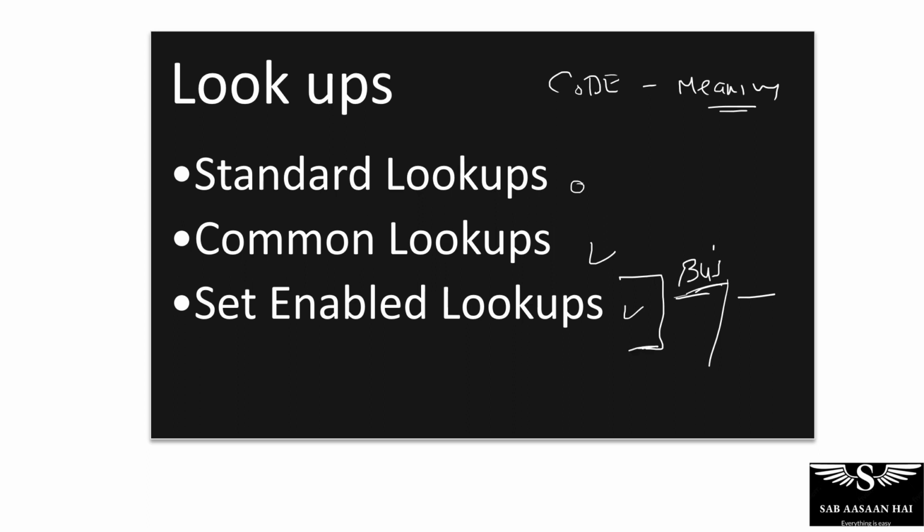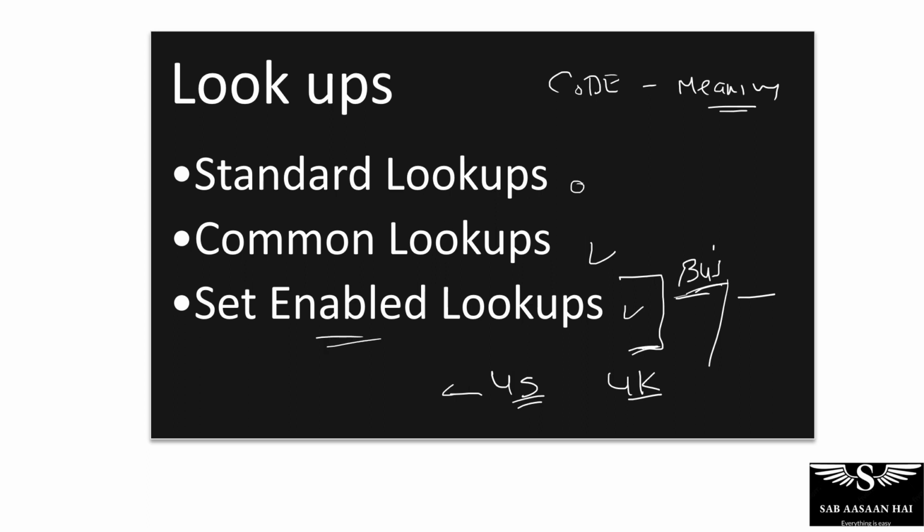I'll share the link on my channel about this set assignment and creating the set enabled associated reference data set. This is something which refers to a particular business set assignment if I want to bifurcate. Say I have one implementation being done in US and one in UK, and for these countries, if I want to enable certain references, I can do that using the set enabled lookup type.